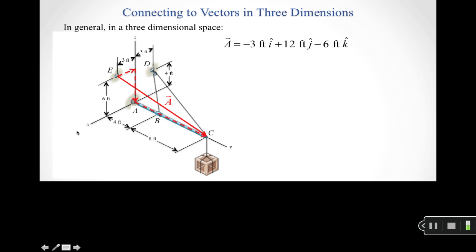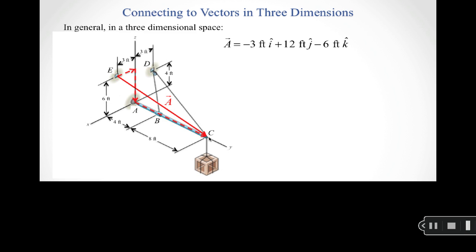If I look at my picture, given my coordinate system, you notice here's the positive x direction pointing out this way, positive z points up, and positive y points out, lies along the beam. To go from where I started to where I want to end up, this vector has to go 3 feet in the negative x direction, then down 6 feet, then 4 feet plus another 8 feet, so 12 feet total out along the beam.